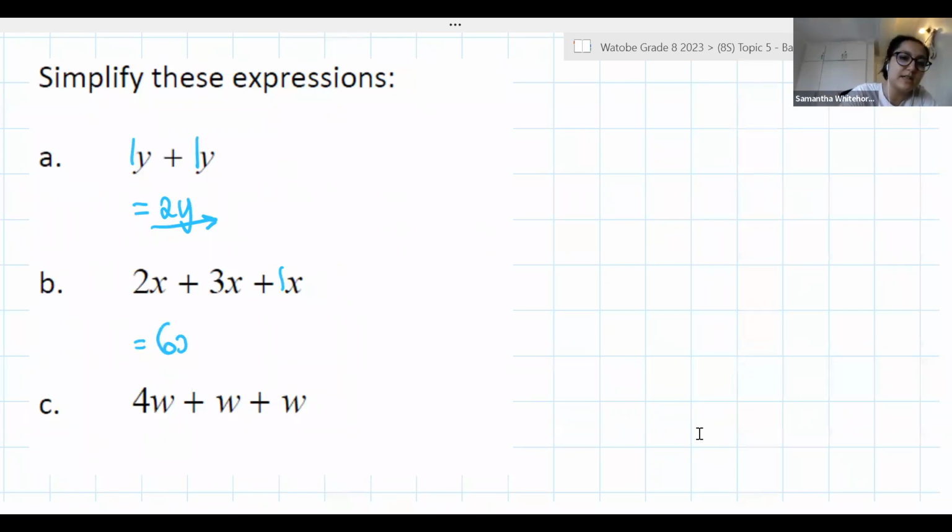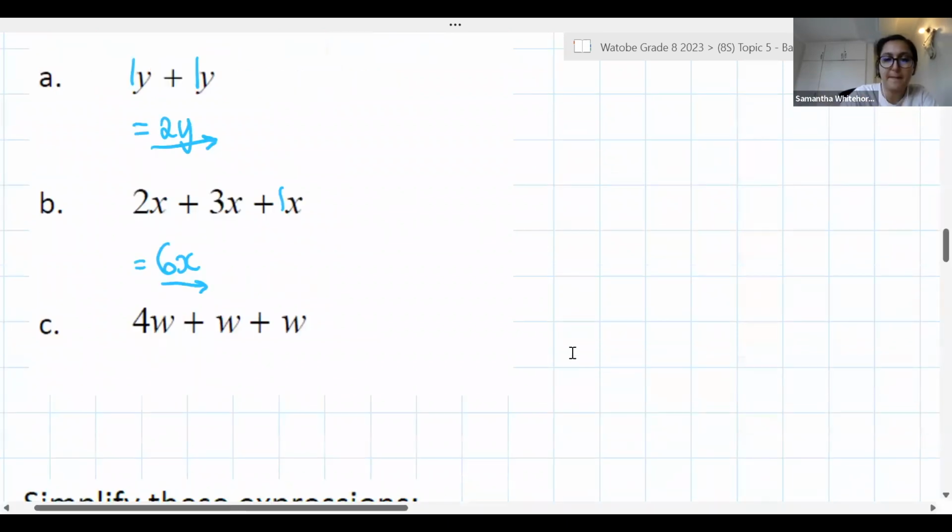So guys, 6x here for question B. Very nice. Seatley, help me with C. Hello, ma'am. For C it's 6W because 4W plus W is 4 plus 1 plus 1, which is 6. Excellent. Well done.